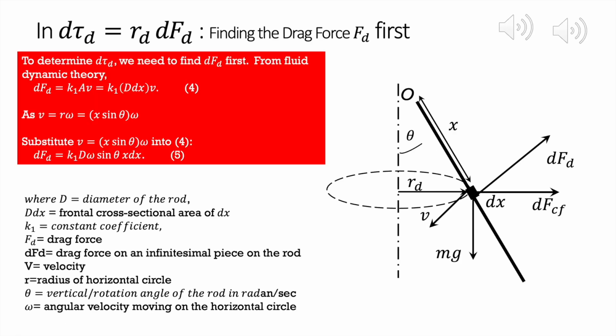Air resistance can be found using equation 4. To find an expression for dFd, we need to know the area and velocity. The area is the frontal area of dx facing the air, and velocity is tangential and therefore can be expressed by the angular velocity formula v equals r times omega. So we can get equation 5 by substituting.